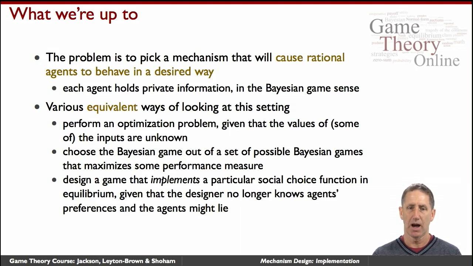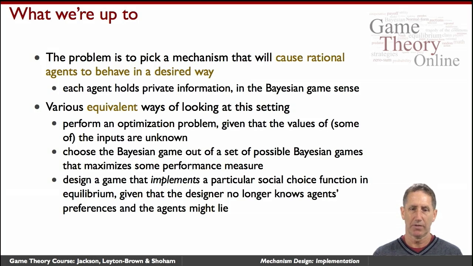And so you can view it in a number of ways. You can think of it as an optimization problem with only partial information about and control over the variables you're optimizing.